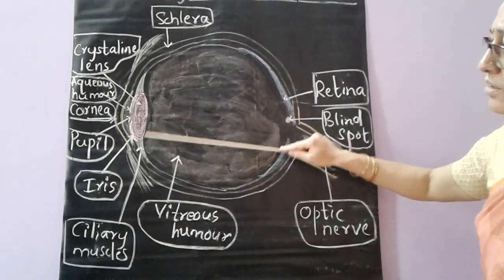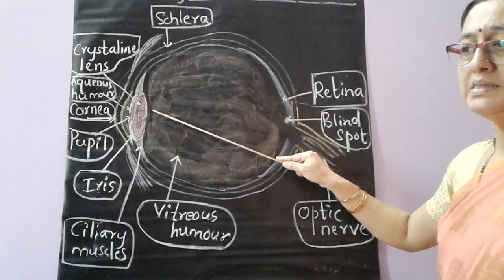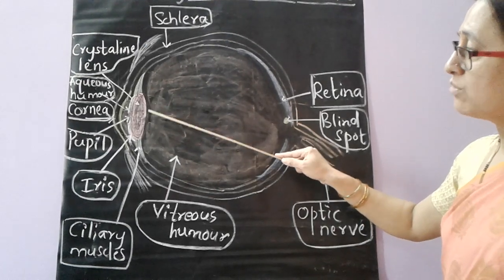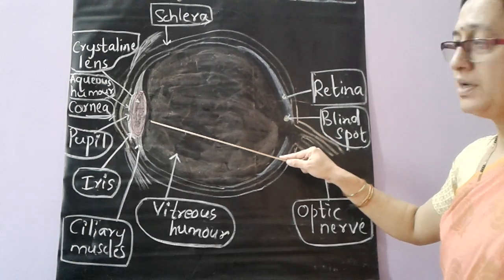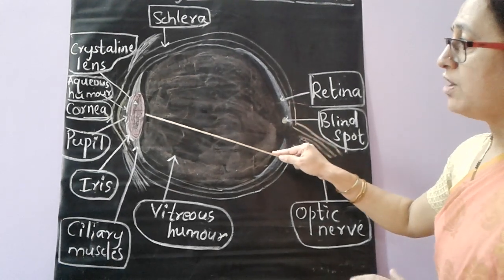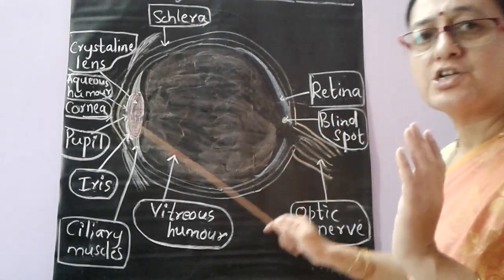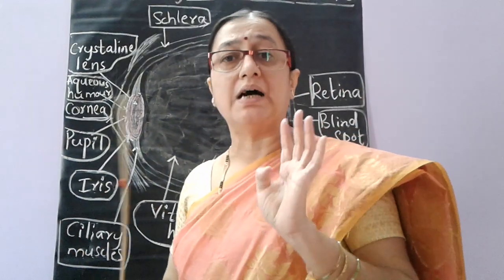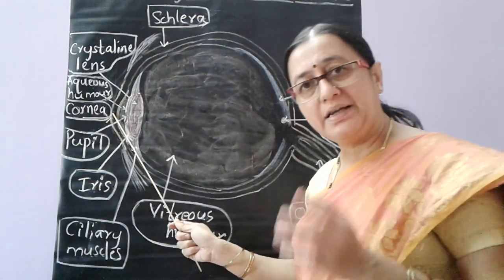Because we have a convex lens, what is the nature of the image formed by a convex lens? The image formed by a convex lens is always inverted and real. Refraction takes place 4 times in the eye. Once when light enters through the cornea, refraction takes place.